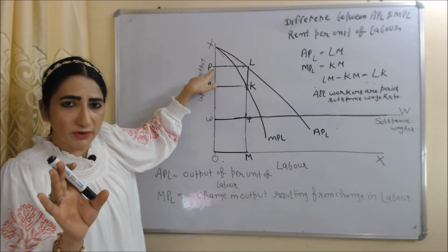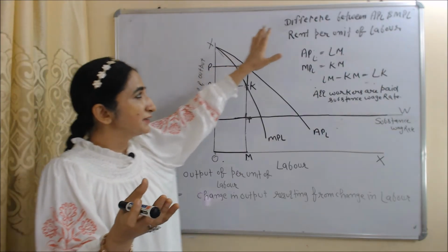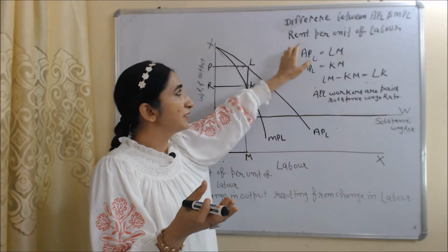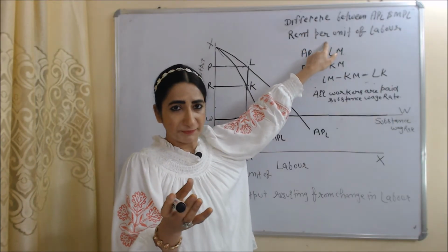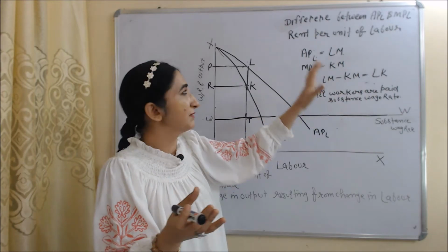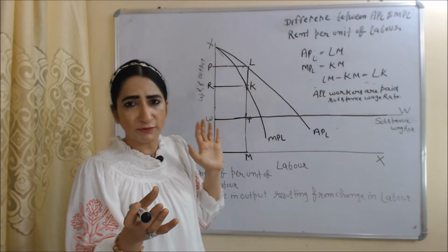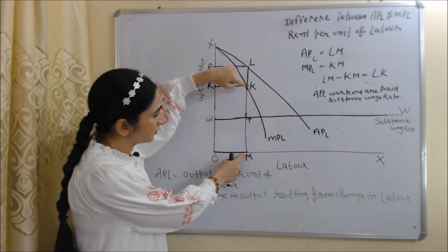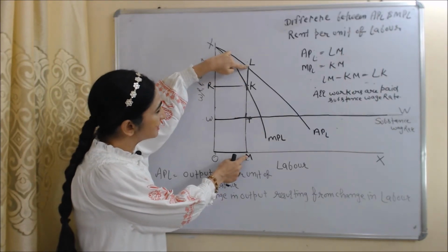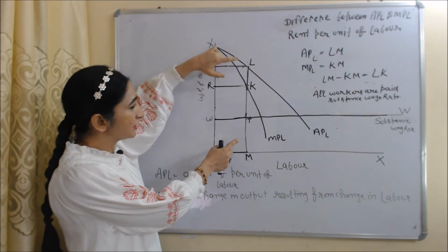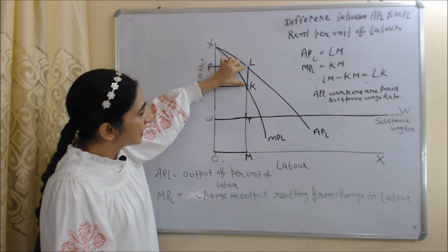First of all, we are going to see part of rent. Difference between average product of labor and marginal product of labor will be called rent per unit of labor. In this diagram, you can see Km is marginal product of labor and Lm is average product of labor, and difference between average product of labor and marginal product of labor is Lk.